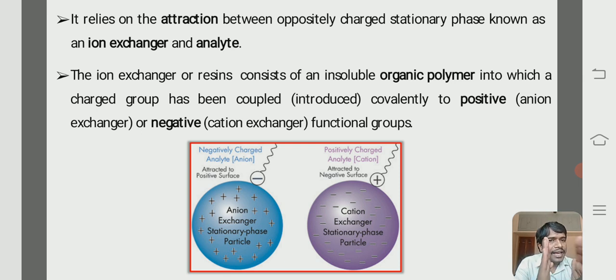See, in the anion exchanger, the positive group is coupled with the organic polymer. See carefully here, the positive groups are coupled to the organic polymer in anion exchangers. In the case of cation exchangers, negative functional groups are coupled with the organic polymer.